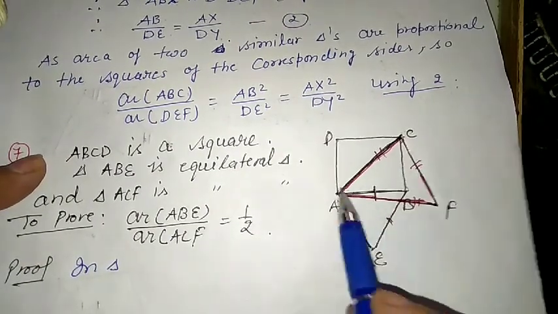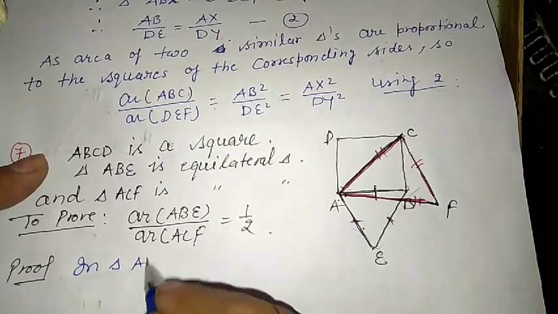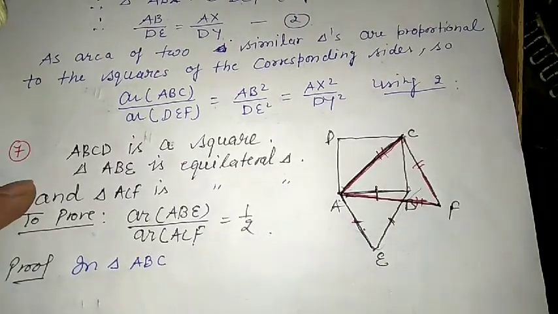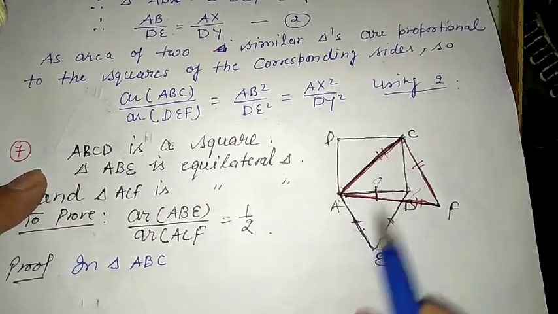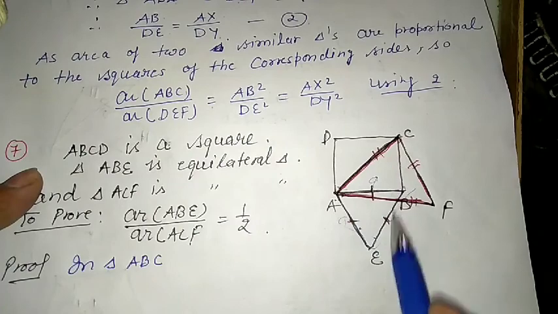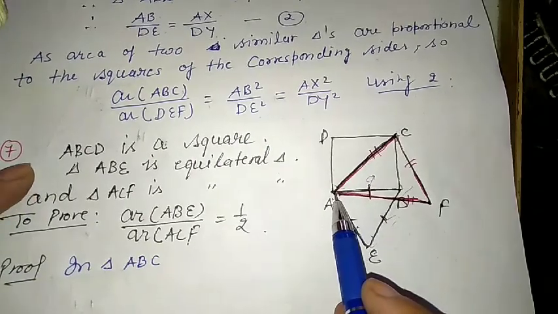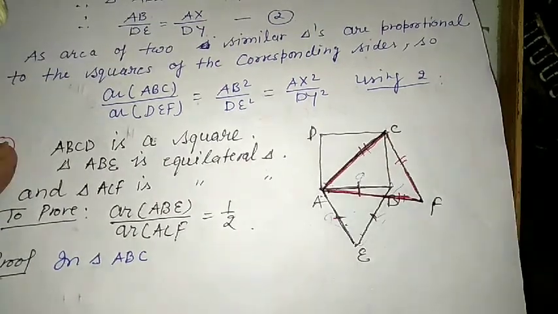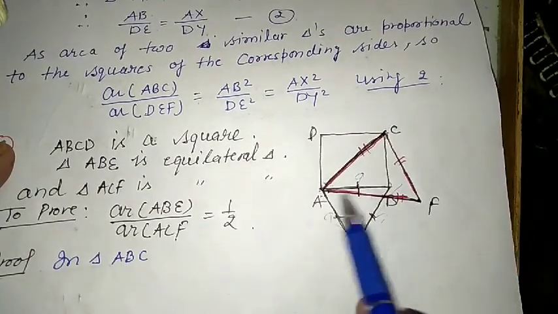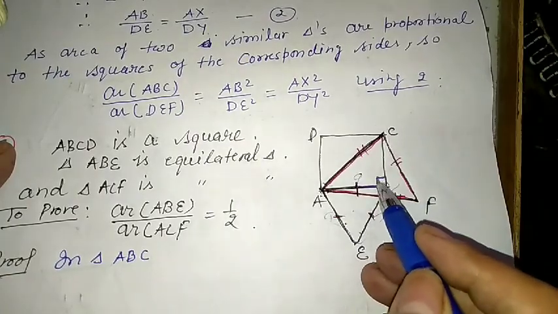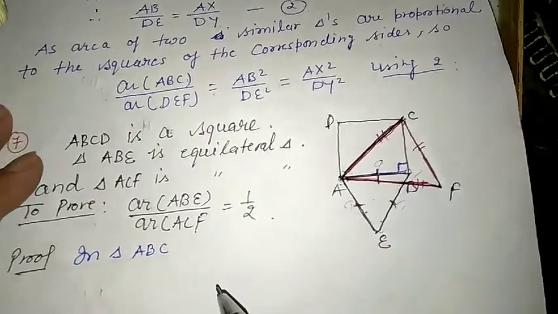In triangle ABC, this is A, B and C. This angle is 90 because this is a square. So we can apply the Pythagoras theorem.